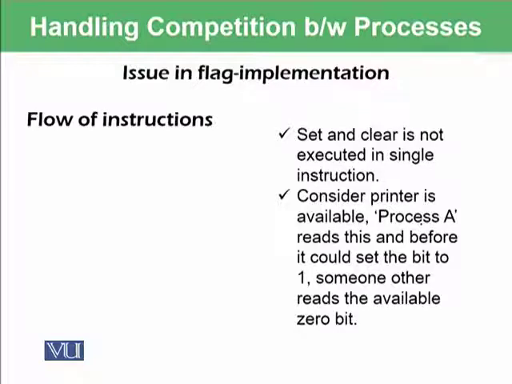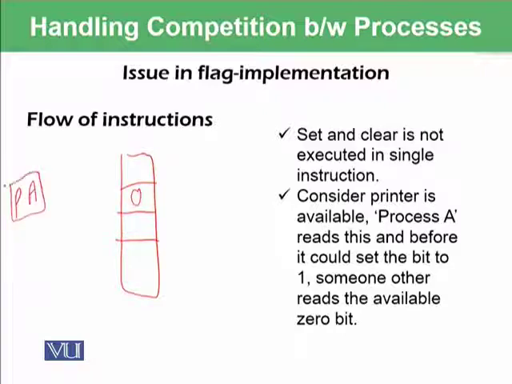For example, here is a memory and here it is written 0. This 0 means the printer is available. Process A, which I am noting as PA, reads this information.